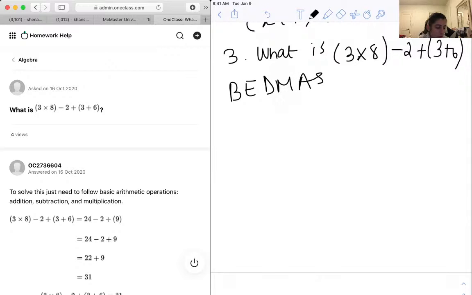BEDMAS. So B stands for brackets. E stands for exponents. D stands for division.